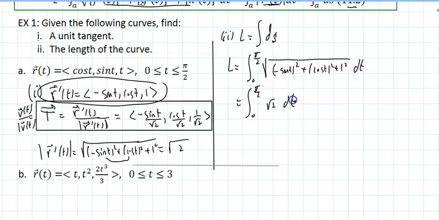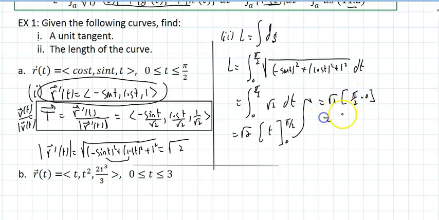That's radical 2 dt. So that's radical 2 times t evaluated from 0 to pi over 2. Radical 2 times pi over 2 minus 0. Okay, I'll get it right. And that would be radical 2 pi over 2.